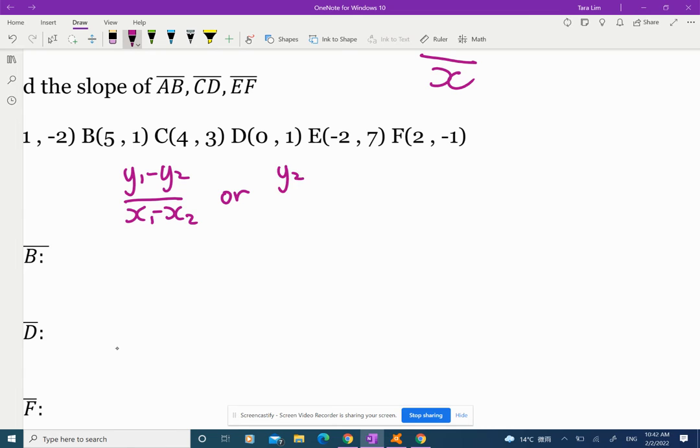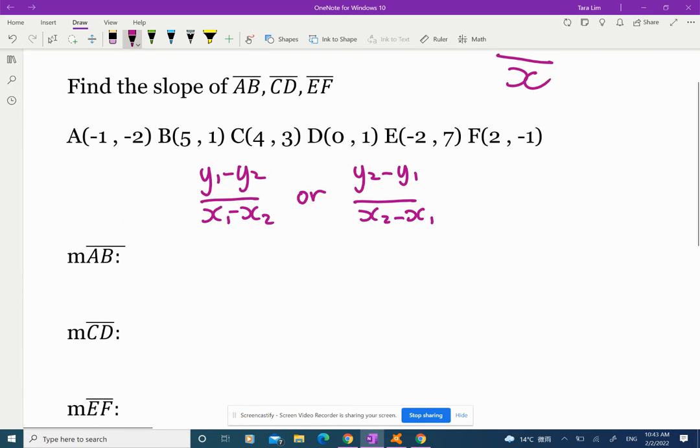It could be y2 minus y1 over x2 minus x1. So remember, x2 and y2 doesn't mean it is y squared. It's just a name. So it's y minus y, but then we're naming it as y2 minus y1 so that we don't get confused. So first of all, let's try doing the slope of AB.